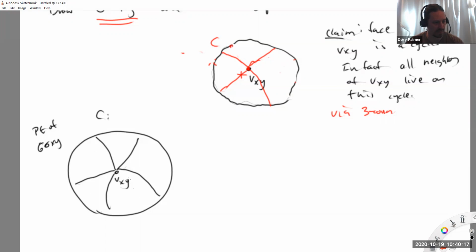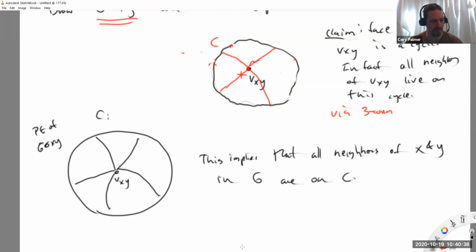And here's the cycle that we discussed, the face that bounds Vxy when those edges are removed, and all their edges go there. So this implies that all the neighbors of X and of Y in G are on C.